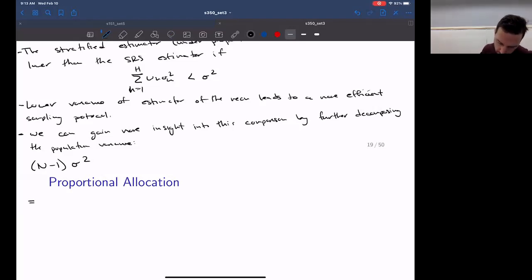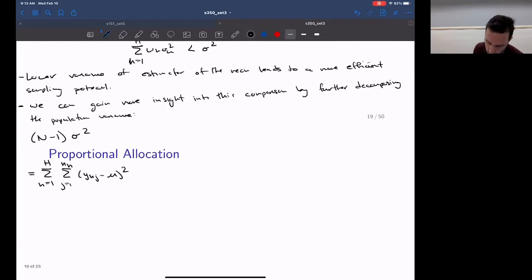Okay, so in the terms of the stratified estimator, this will give us the sum from little h to capital H multiplied by the sum from j equals 1 to little nh of yhj or yjh minus mu squared.